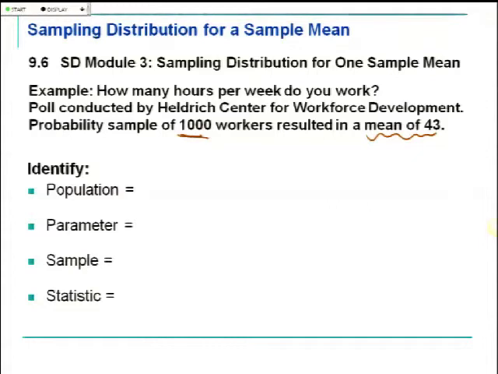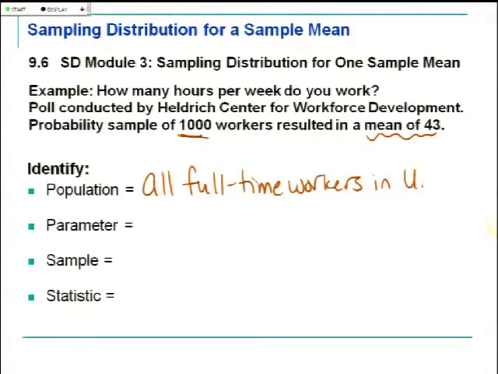We can identify again the key parts to this inference scenario, the population versus the sample. Those would be the same as what we had before. For the population, we were trying to learn about all full-time workers. And this was a study conducted just in the United States. Couldn't possibly survey all of them, so we took a probability sample, a sampling technique that involved randomness.